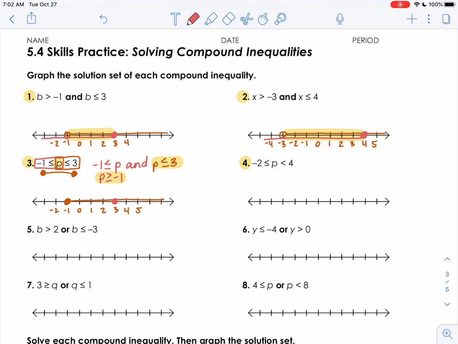I'm going to put a closed dot on 3. This is pointing to the left. And so my solution is in the middle because it's an and. And if I go back to what I said in the beginning, I already knew that just by looking at it in this form, that there's going to be a closed dot on -1, a closed dot on 3, and my solution in the middle. So you can look at that either way. You're going to try number 4 on your own.